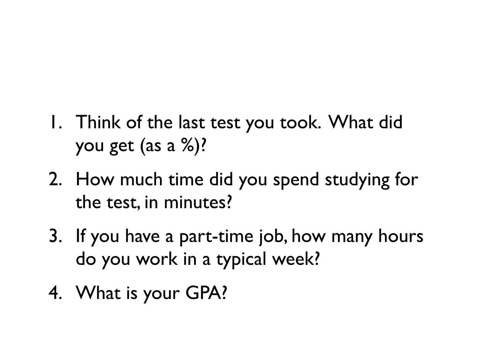And between number 3 and number 4, we might notice there's a relationship too. Perhaps the more hours somebody works in a typical week, the lower their GPA might be. This is what we mean by correlation. Is there a relationship between two variables?